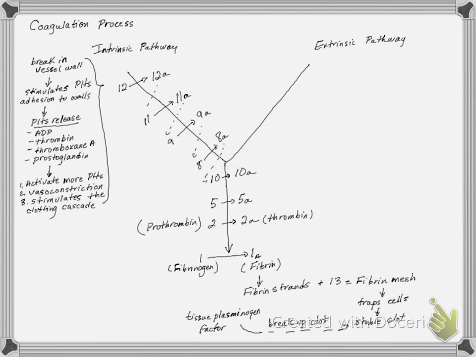So the other pathway we have is called the extrinsic pathway. Extrinsic, think of extrinsic as external. So it's an external injury. Okay, so you have an external injury, so activated by external injury. So that would be like a stabbing or bullet wound or whatever. It doesn't have to be that violent, but you know what I mean.